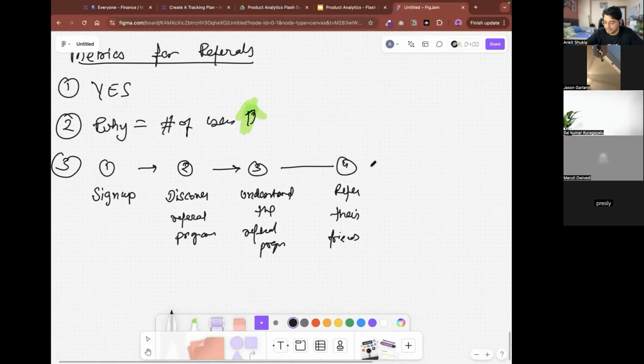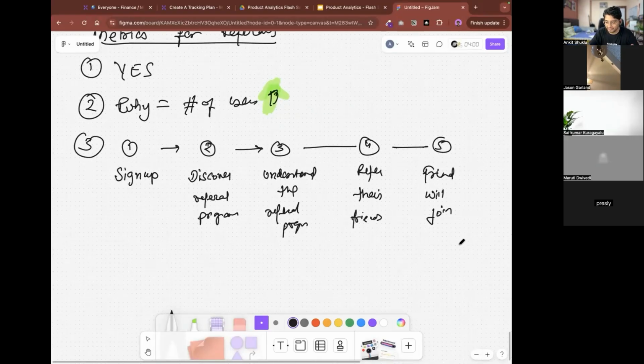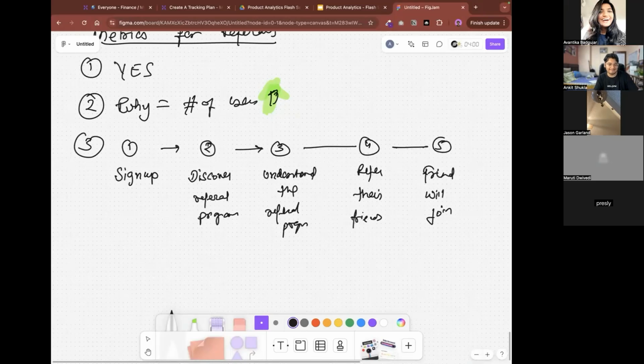And once they refer their friends or colleagues, the friend will join. A quick yes from everyone if you're able to understand this user flow. Yes.